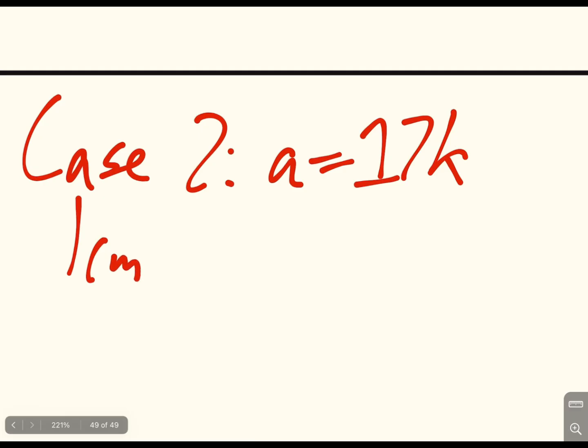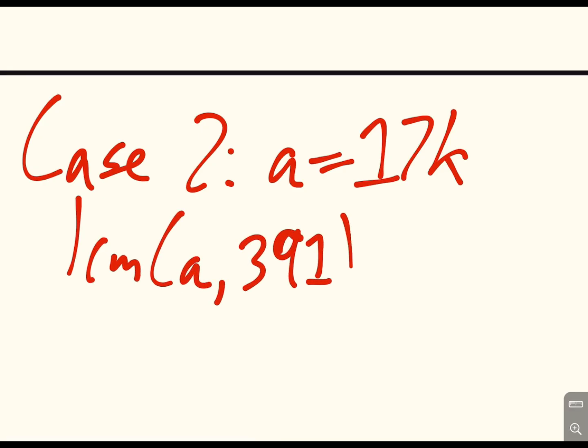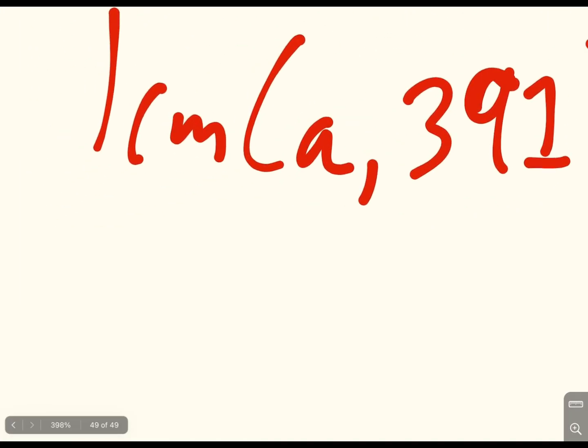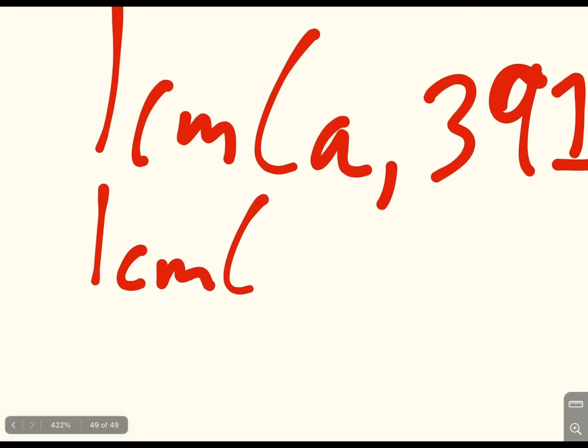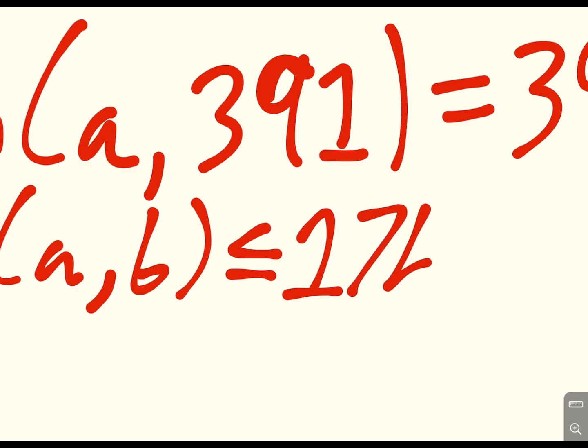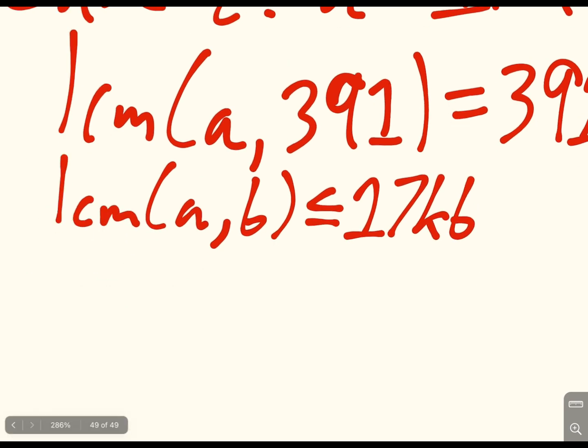The least common multiple between a and 391 is just going to be equal to 391 times k. And then the least common multiple between a and b is going to be at most 17 times k times b.